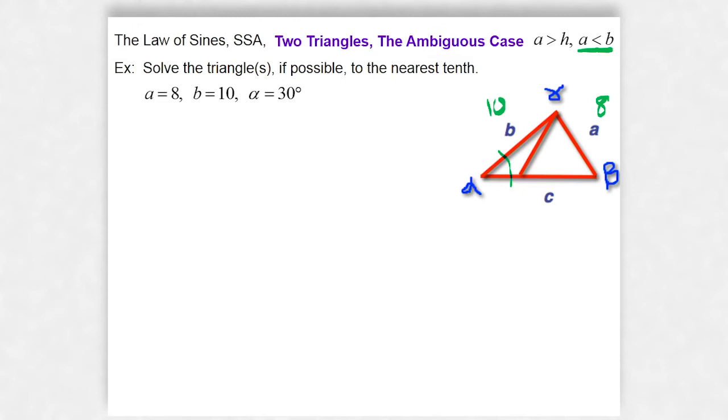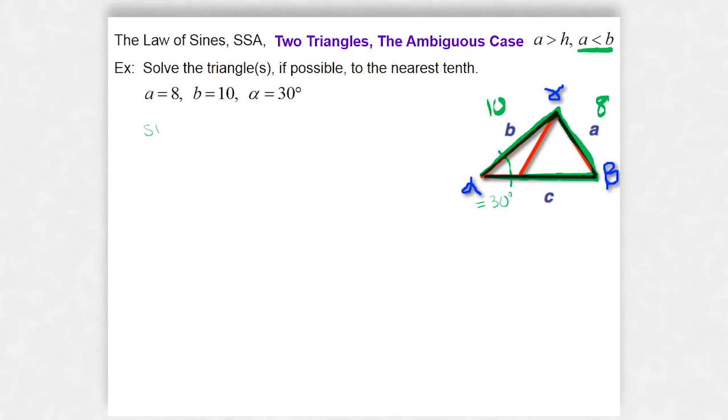This creates two triangles. And when this happens, what you always do is solve the outside triangle first. And that means when we rotate A, we rotate it away from the angle alpha, and we get this triangle in green. Now, as far as how you solve it, there's no mystery there. We do what we always do. So I'll go ahead and take my given. Remember, alpha is 30 degrees.